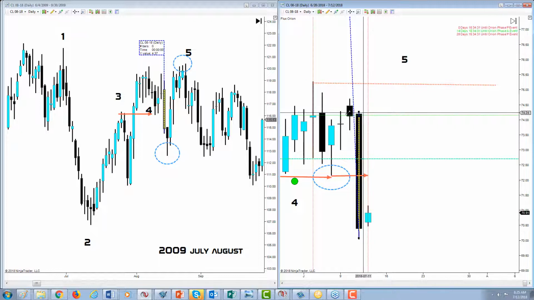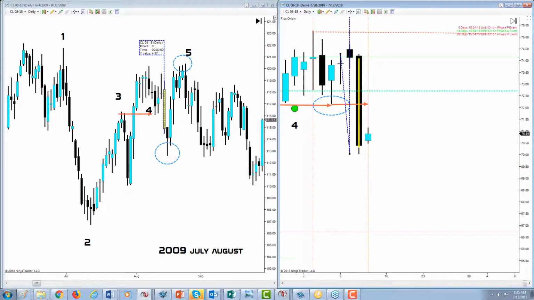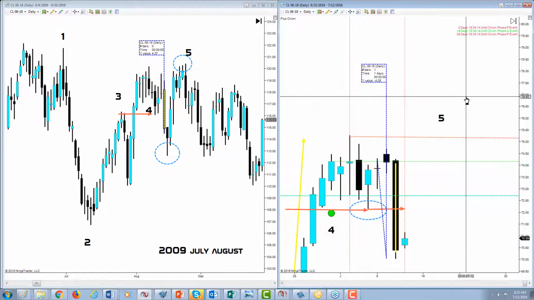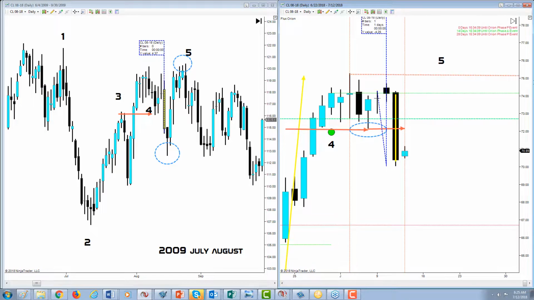Let me make sure I have it all the way up. Alright, so I got that perfectly measured: $4.26. So we have some affirmation that the pattern is sort of locked in that sense.